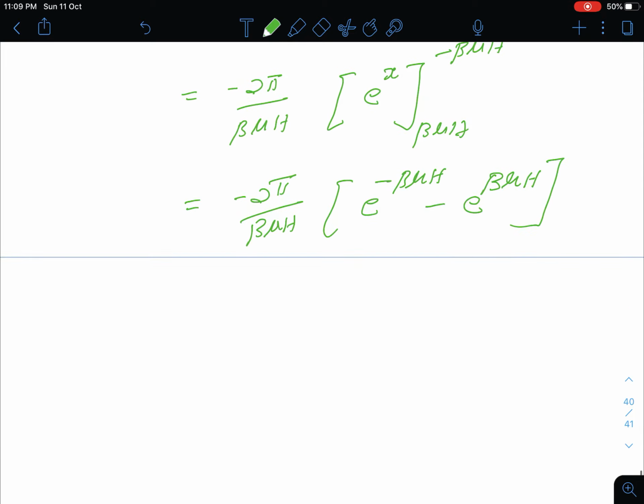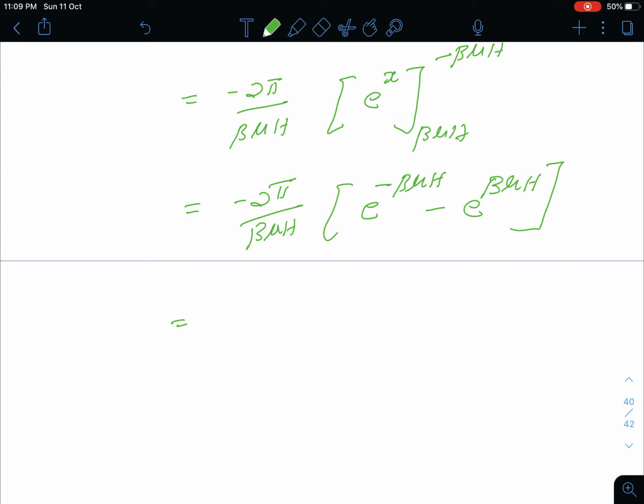Applying the limits and taking the minus outside, it's simply 2 pi by beta mu h times e raised to beta mu h minus e raised to minus beta mu h.